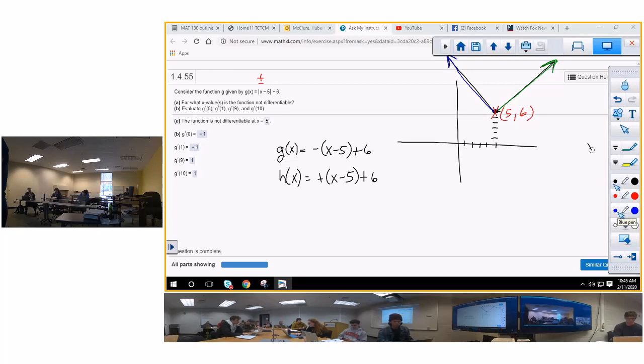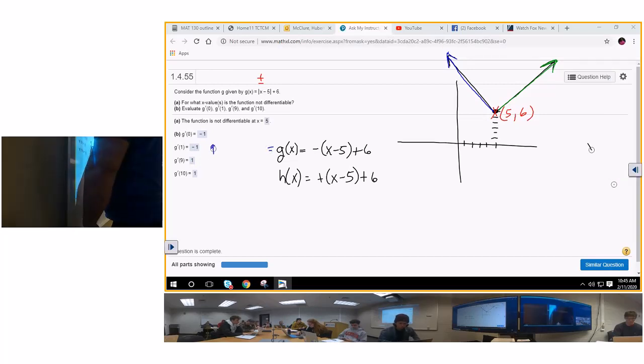So that's going to be g of x is equal to negative x plus 5 plus 6. So g of x is equal to negative x plus 11. 5 plus 6 should be 11.